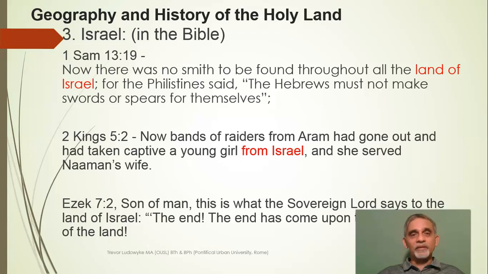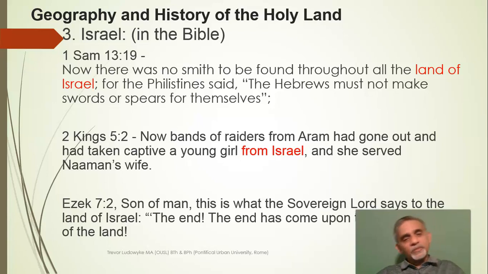So again referring to the land of Israel, right? Then in 2 Kings 5 verse 2, now bands of raiders from Aram had gone out and had taken captive a young girl from Israel, and she served Naaman's wife. So another reference to that area being called Israel, Holy Land.